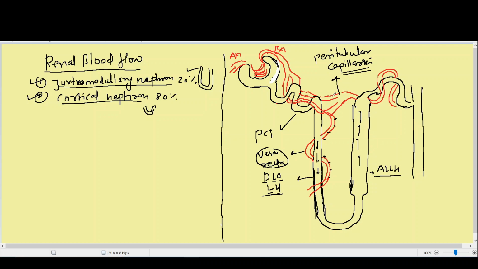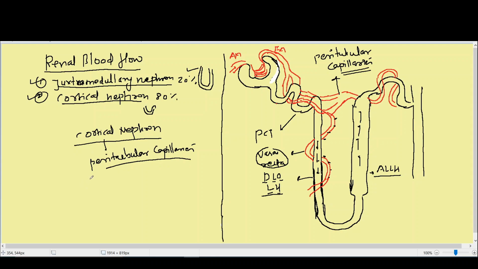Now we have to keep in mind that the cortical nephron has peritubular capillaries only. And when we talk about the juxtamedullary nephron, we have two types of capillaries.